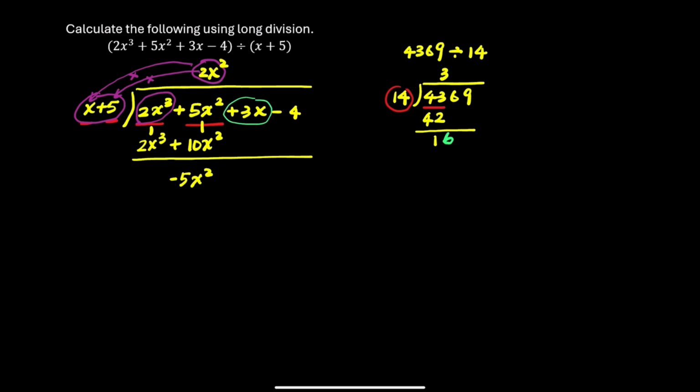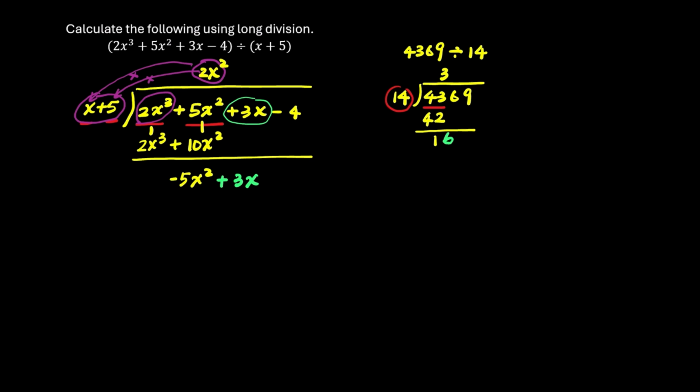We write it next to our remainder, plus 3x. Now we repeat the process with our new number, 16. We ask ourselves again, what is the largest whole number that when multiplied by 14 gets us as close as possible to 16 without going over?